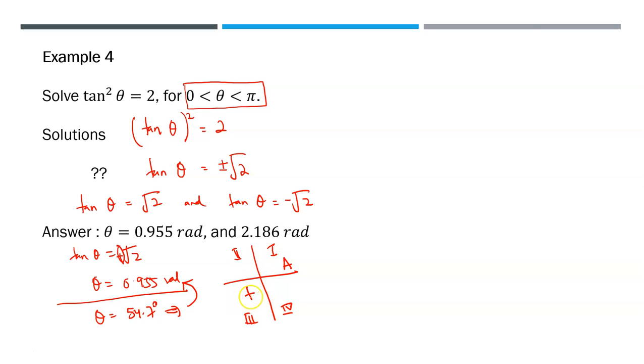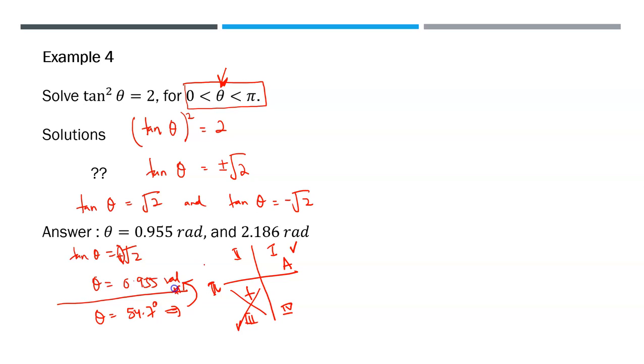In the third quadrant, only tangent is positive. So there are two answers. But back to your original question, you have to give the answer up until pi only. The third quadrant is already over pi, so we just remove this. So your answer is just in the first quadrant.